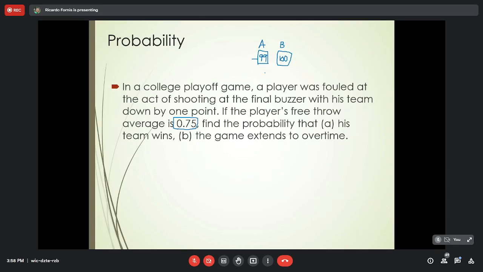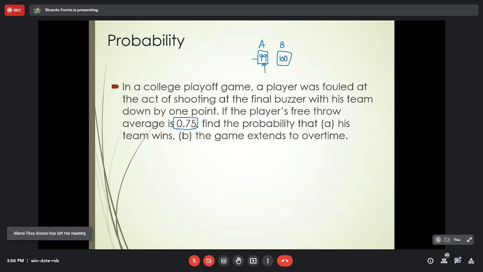So what the interpretation is, what is the probability that the 2 free throws are converted, meaning he shoots both free throws. Okay, letter B, the game extends to overtime, meaning only 1 free throw is converted. The other misses, but the other one makes it to the basket.